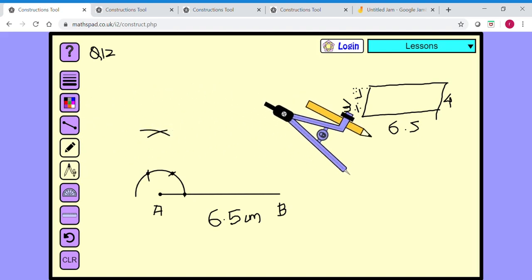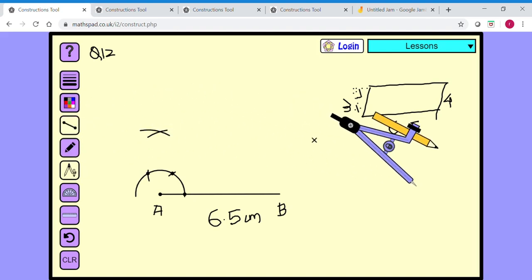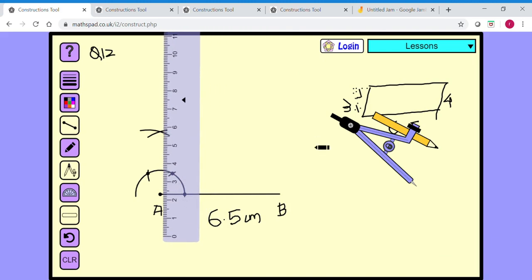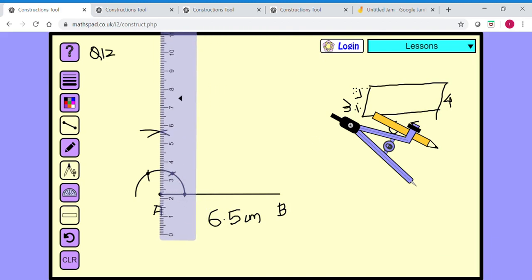Perfect, done. So I join A with this point. This should give me a 90-degree line, but I need a dotted line because this line is not a part of the figure. This is a line outside the figure. So let me draw a dotted line, and to draw a dotted line I've got my scale.